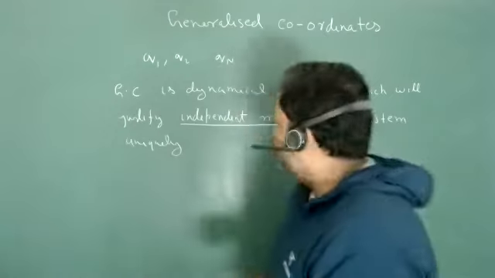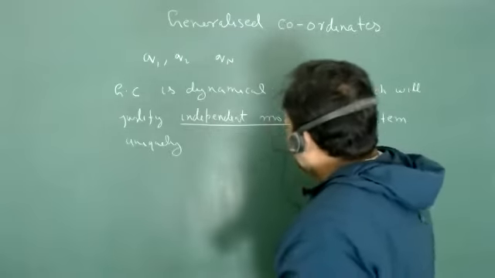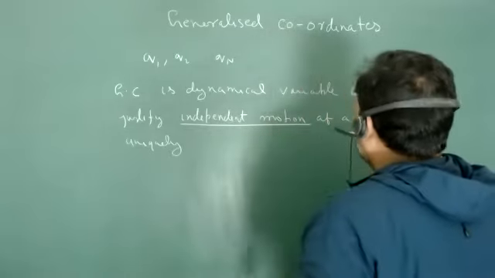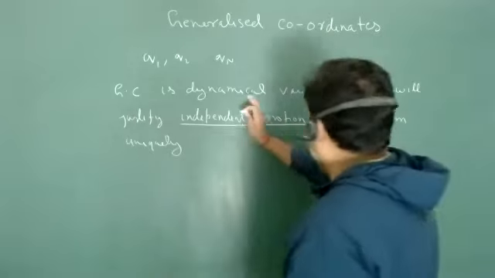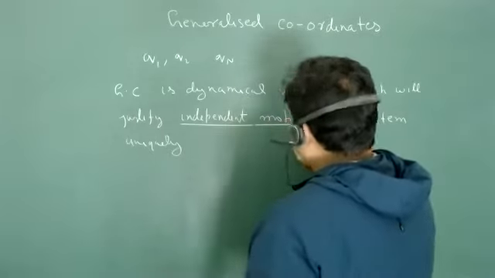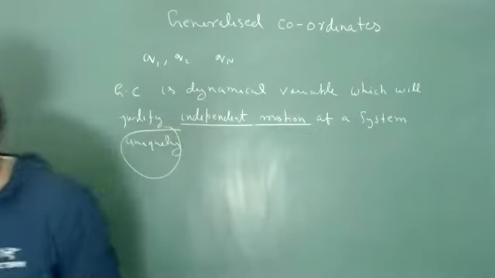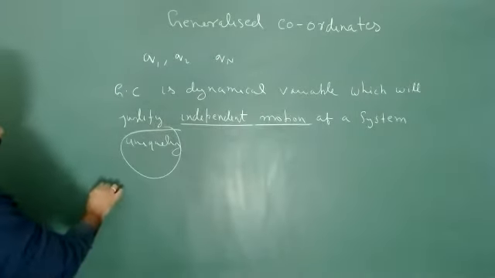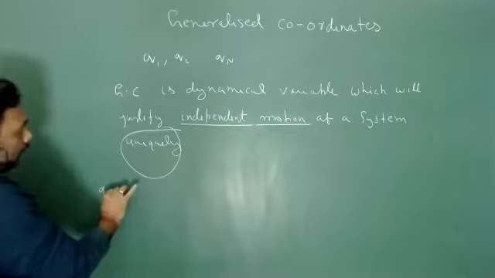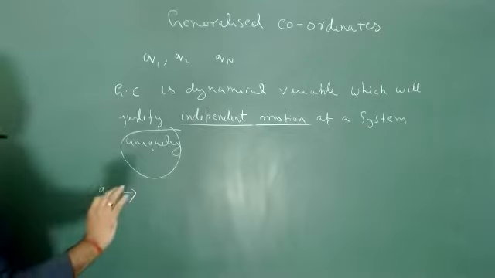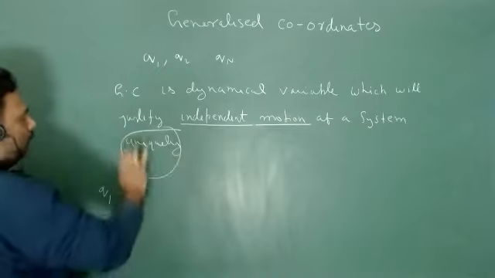So this is a very interesting point, and it will justify the motion of a system, independent motion, and motion of the system uniquely. Meaning that, if we have one particular generalized coordinate, it will be associated to one particular independent motion.